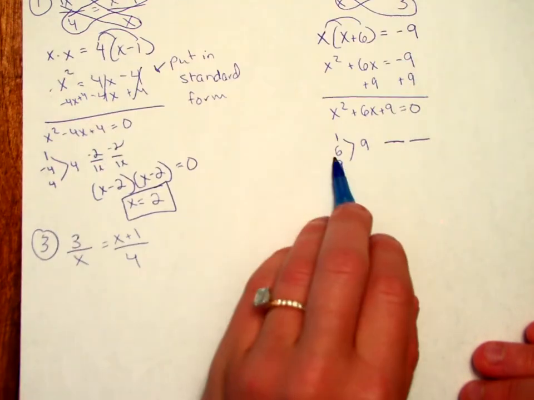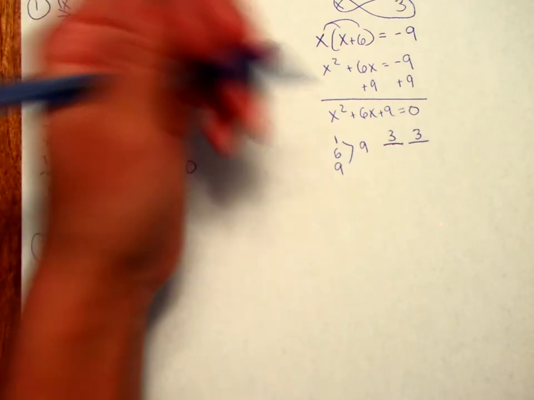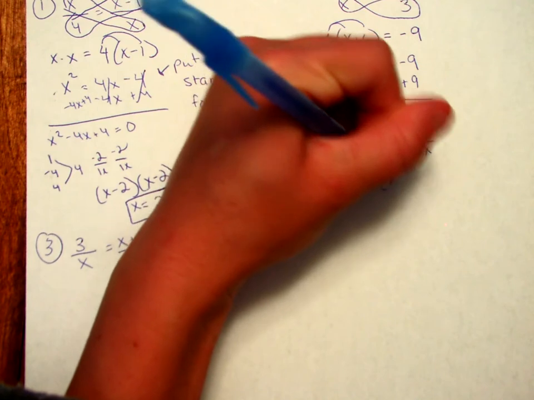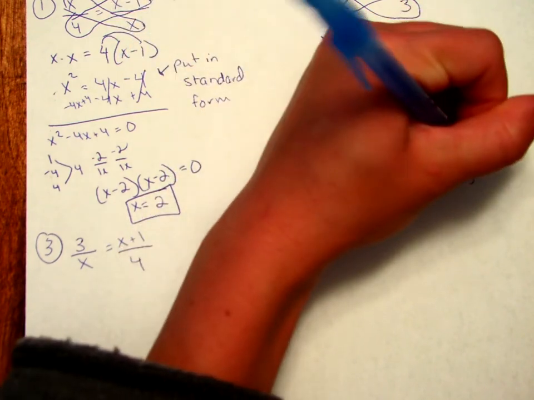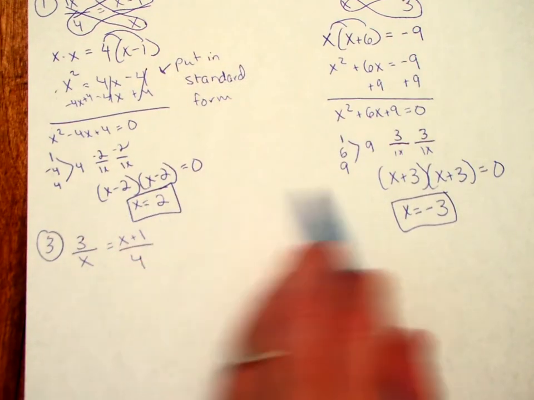What two numbers add to 6, multiply to 9? The answer is 3 and 3. So then I put it over 1x, x plus 3, x plus 3 equals 0. So x equals negative 3. Remember, it's always the opposite sign.